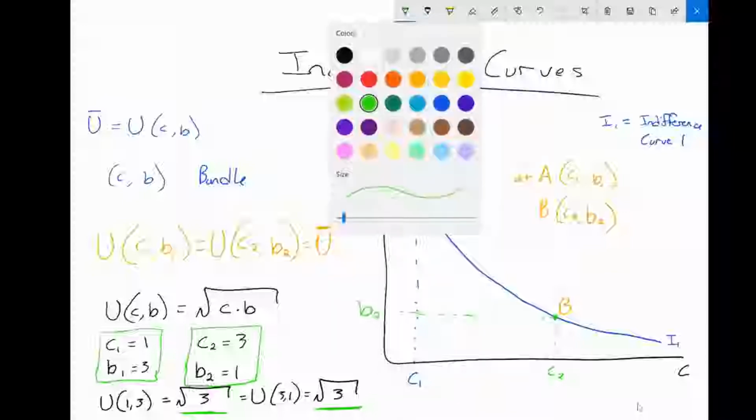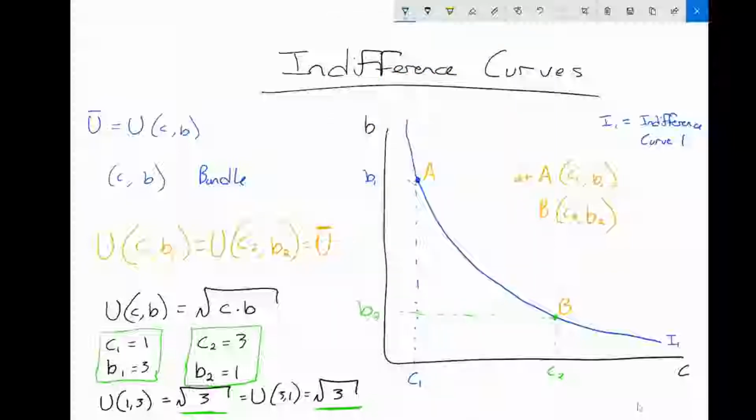The indifference curve is all possible bundles that achieve a given utility, U bar.